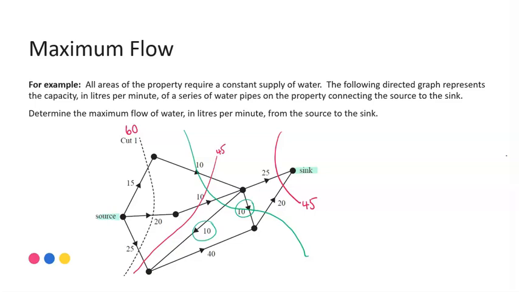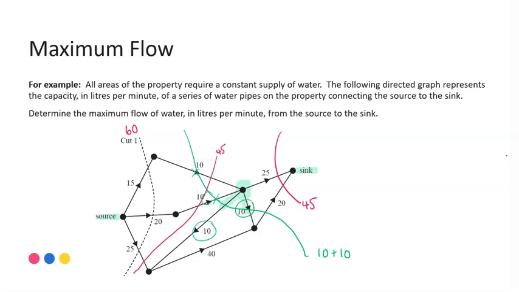So from the source, I get stopped here, so I've got 10. From the source, I get stopped here, so I've got 10. I get stopped, so I actually can't get to this vertex here, which means I am unable to get onto either of these two edges of 10 that are going back against the flow.